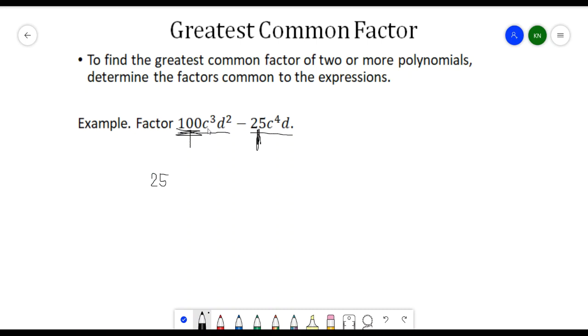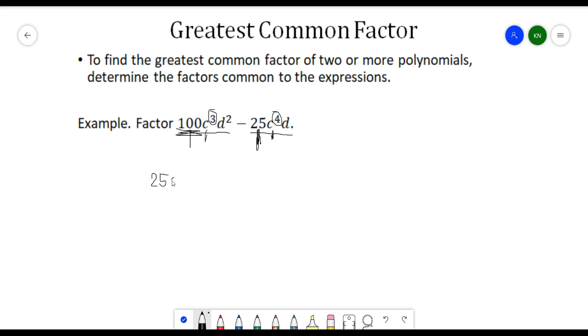For the variable, we have c cubed and c to the 4th. The greatest common factor between them is c cubed. You need to remember to take the lesser exponent, because c cubed cannot go more than 3. It can only take until 3, not 4, so you need to copy the lesser exponent.